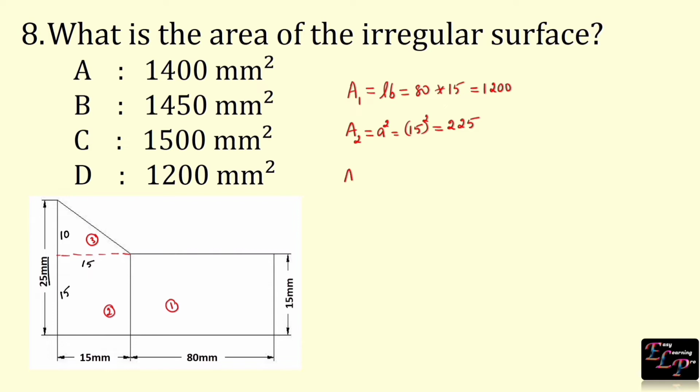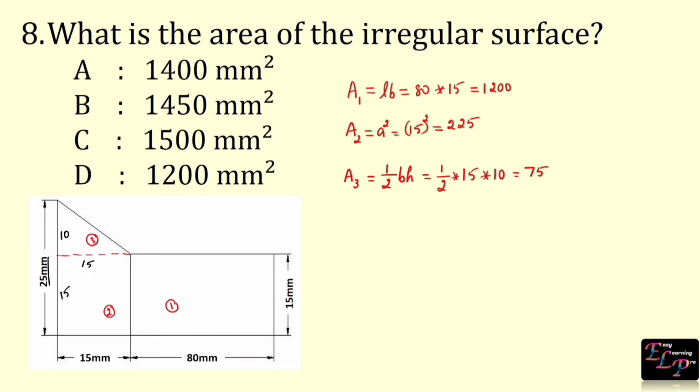Next, area of third shape. Third shape is right angle triangle. Area of right angle triangle is half into base into height. So we have half into base is 15, height is 10. So we have 75. Here all the shapes are combined together.